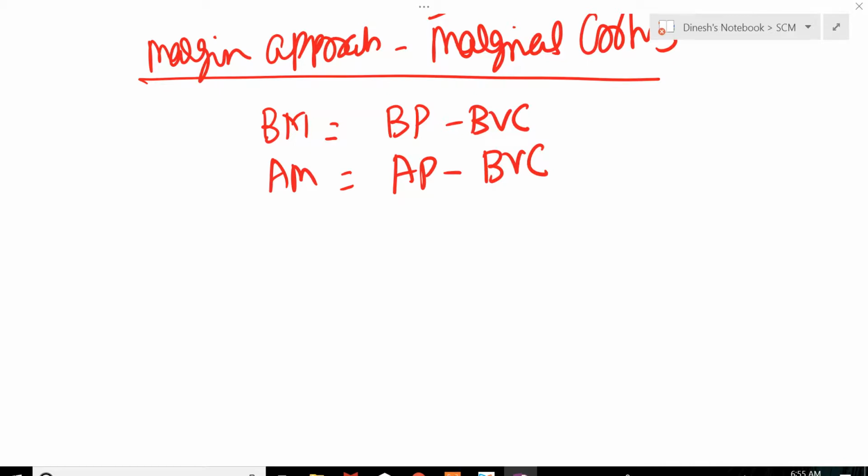So you can write budgeted margin equal to budgeted price minus budgeted variable cost. And AM is actual price minus budgeted variable cost.